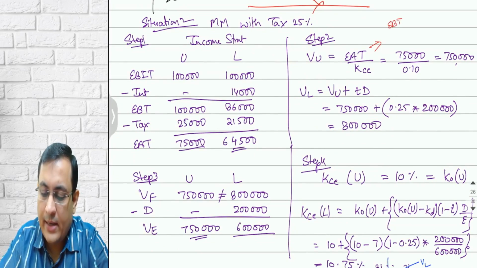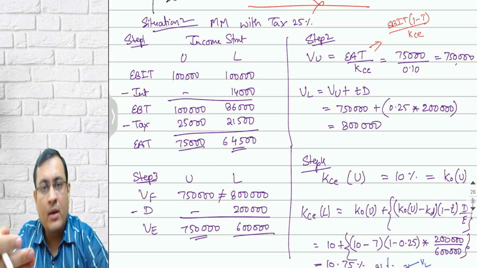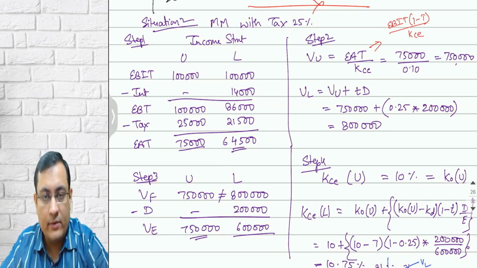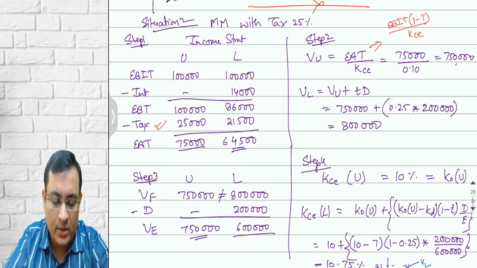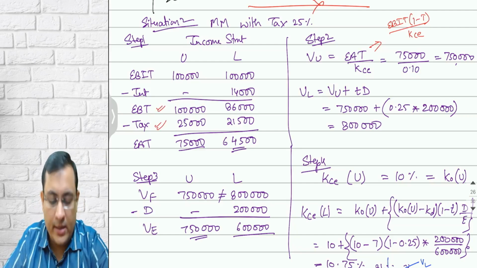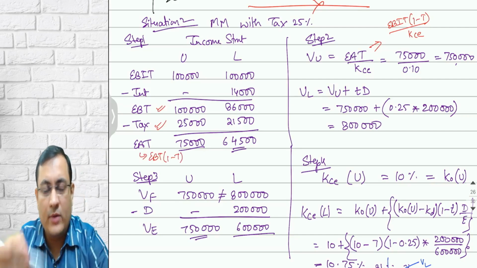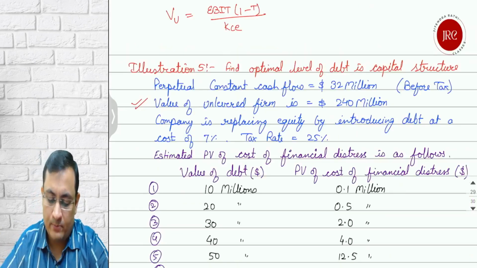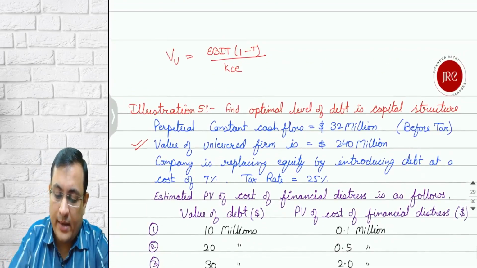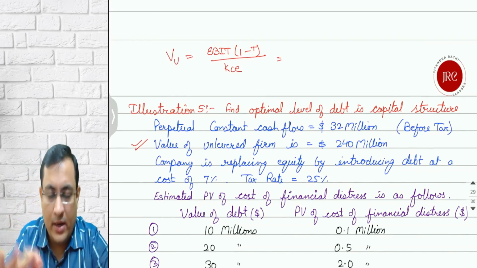It is EBIT (1 minus tax rate) upon KE. Because there is no interest, it becomes EBT into tax rate, so subtracting taxation from EBT is going to give EAT. So EAT is EBT (1 minus T), and EBT itself in the case of unlevered is EBIT. So directly the formula is EBIT (1 minus T) upon KE. Using this formula, you can calculate cost of equity for unlevered firm, but for levered firm, this is going to increase. We are not going for that.